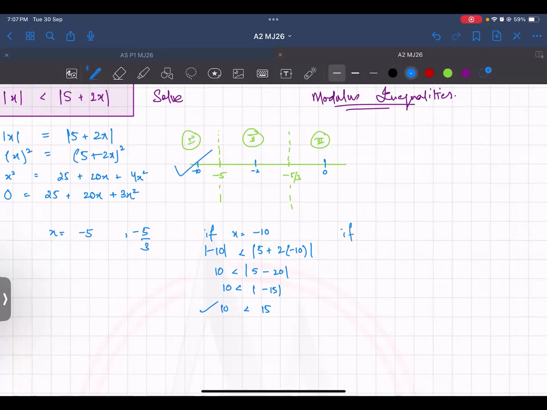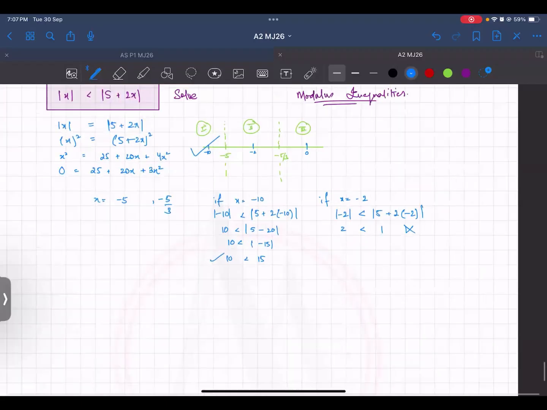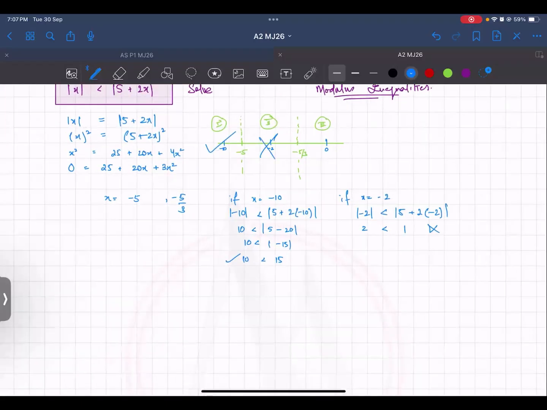Then if x is minus 2, this would be modulus of minus 2 less than modulus of 5 plus 2 times minus 2. So 2 is less than 5 minus 4, which is 1. Is 2 less than 1? No. So this region is not part of the solution.